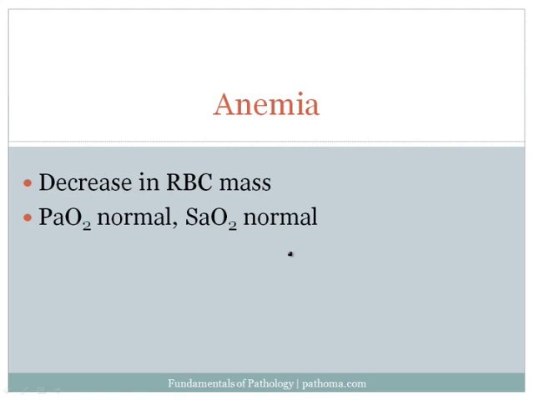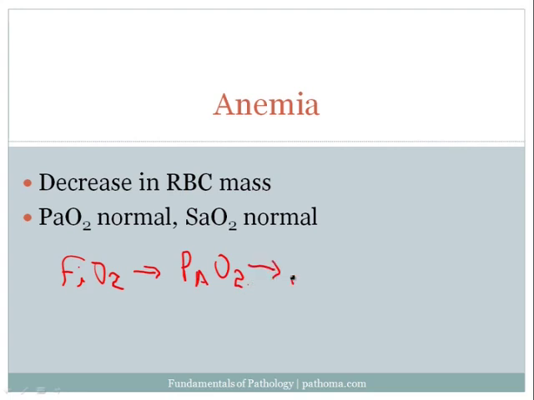i.e. hypoxia. One important thing to remember is that if we go back to the paradigm we had just established, the FiO2 generates a PAO2, and that generates a PaO2, and that's eventually going to generate an SaO2.